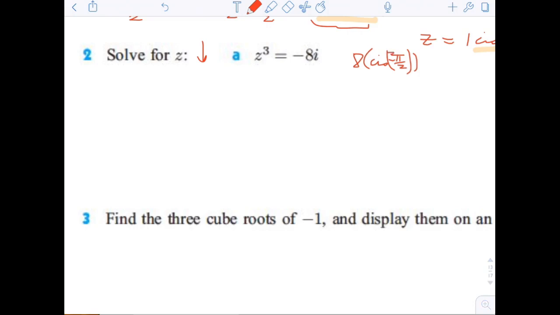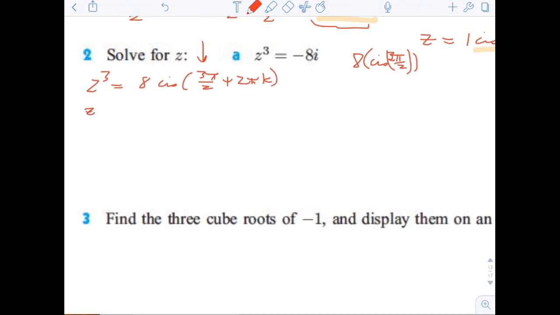Which do you prefer? We'll do 3/2 pi. Okay, so we'll do 8 cis, I'm sorry, I forgot to write the left side. z cubed equals 8 cis 3 pi divided by 2 plus 2 pi k.